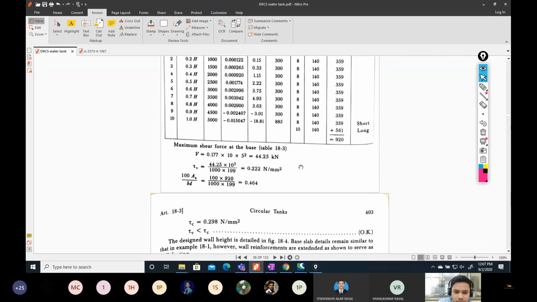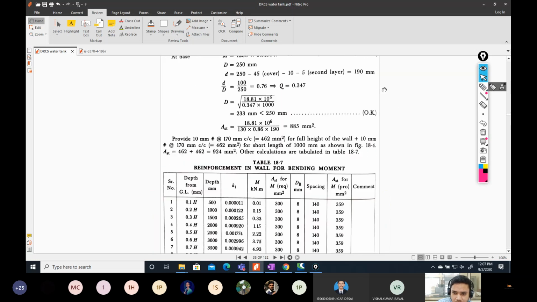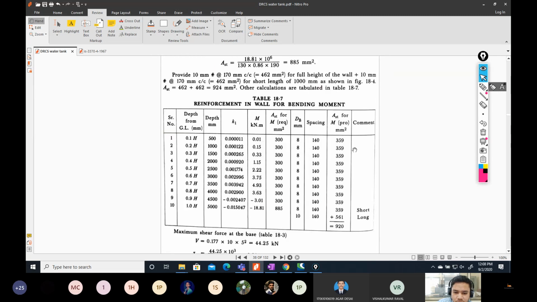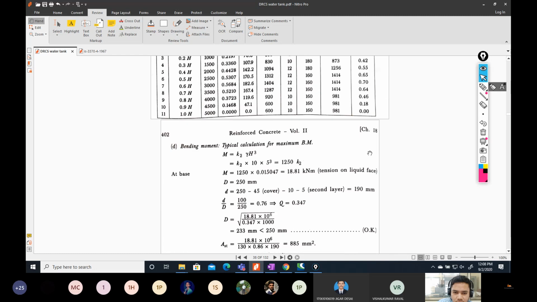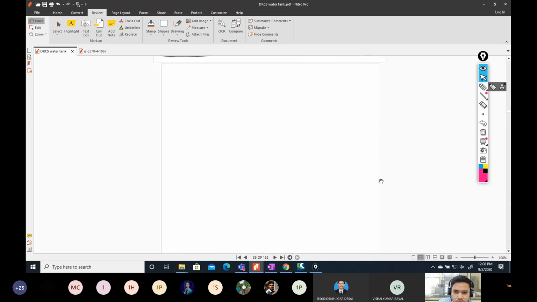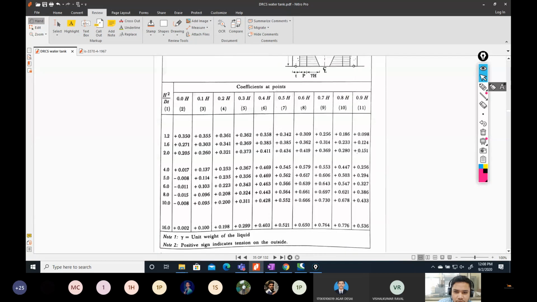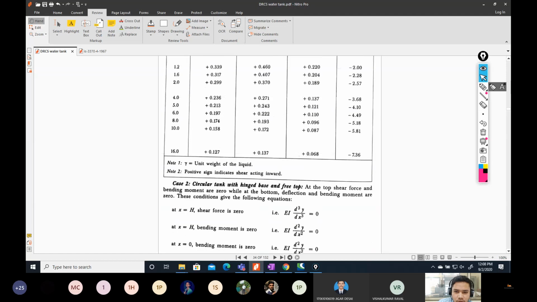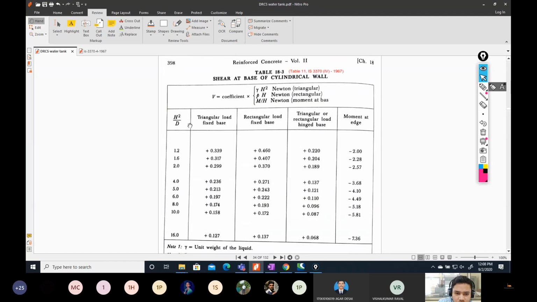Now we check for the shear. To check for the shear, again you can refer to the table, Table 11 of IS 3370 part 4, which is this. Okay, so for our case, you find the h square by d ratio.